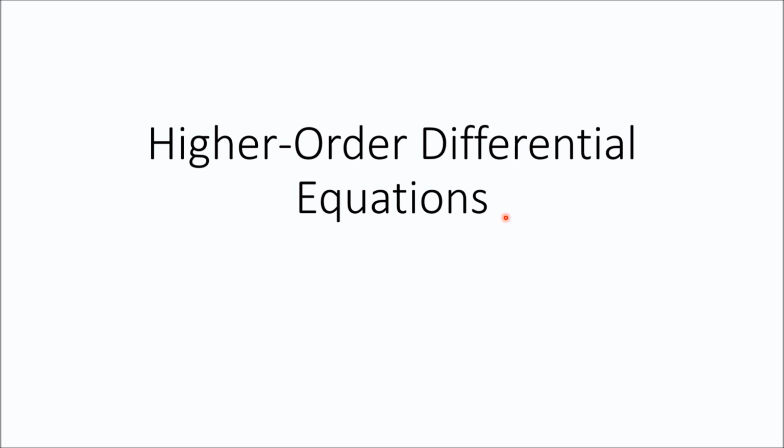We just kind of made a substitution, v equals dy/dt, and then turned it into a first order differential equation and solved it as such. So this is the first time that we're really going to look at how to solve second and higher order differential equations in their own right without transforming them into first order ones.